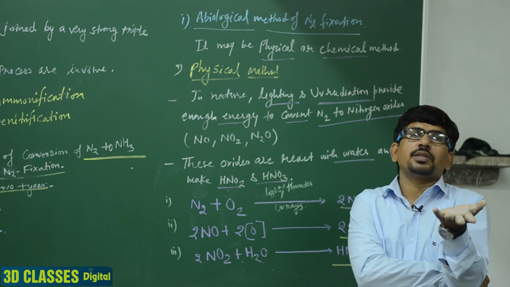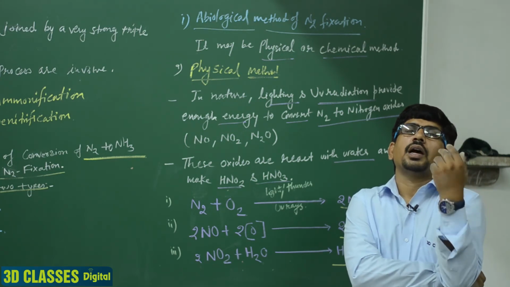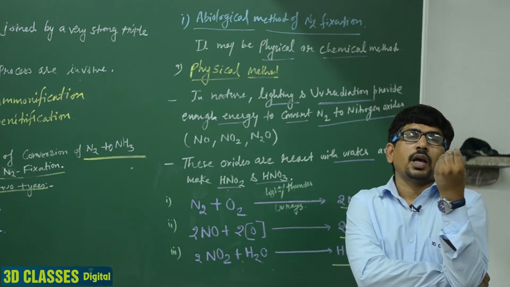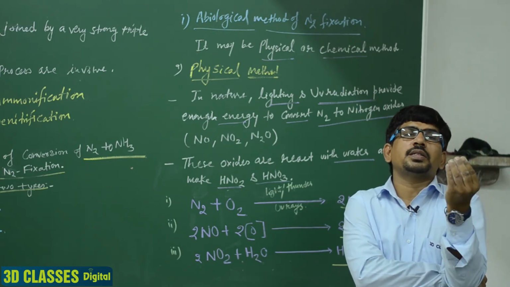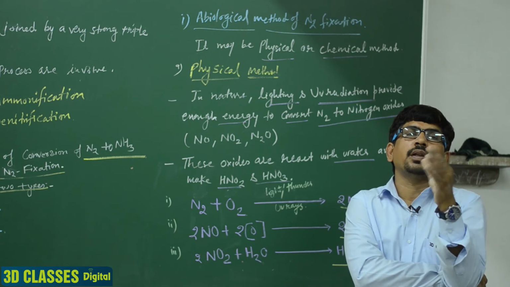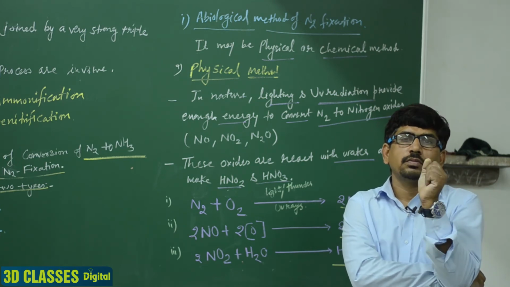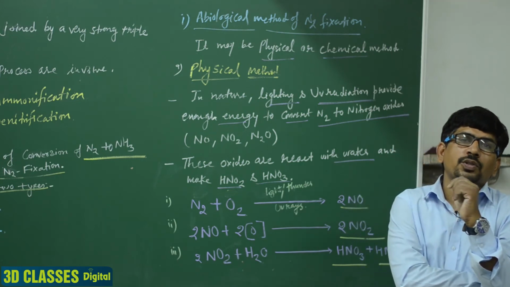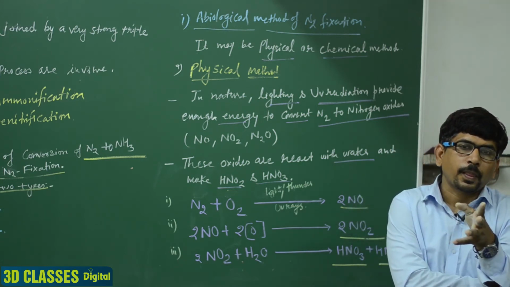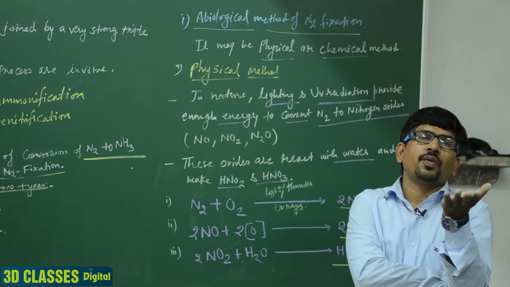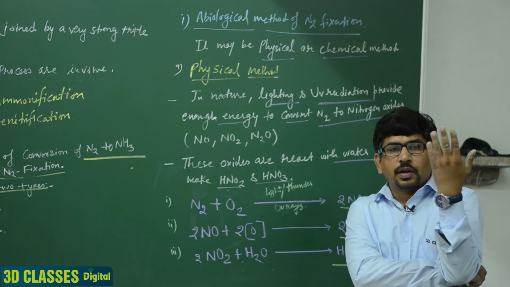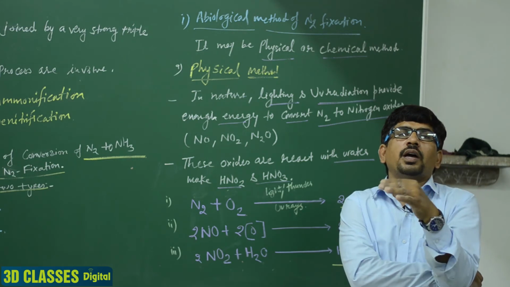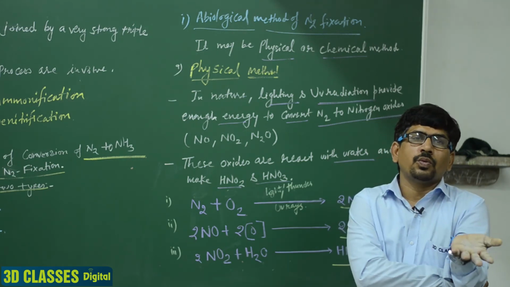So in the rainy season, with lightning, thunder and UV rays, high energy is developed, and this energy makes the bond between nitrogen and oxygen, and after bonding nitrogen oxide is formed. Again bonding occurs, and then it reacts with rainwater and comes into HNO3 and HNO2.